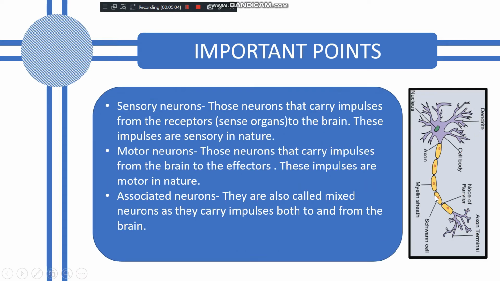Now, on the basis of function, neurons are of different kinds. The first type is the sensory neuron, the neuron which carries impulses from the receptor. As I told you, there are five sense organs in our body: eye, ear, nose, skin and tongue.